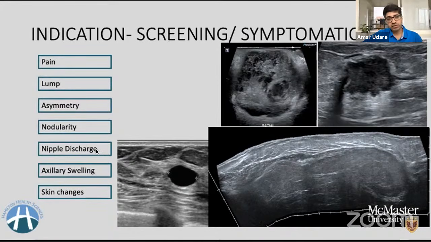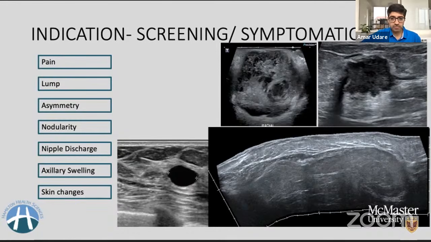Now, in terms of nipple discharge, there could be physiological as well as pathological discharges. Physiological are usually bilateral, milky or clear discharge. Then you can also have axillary swelling, as we saw in the last case, and the patients can also present with skin changes. For those of you who have seen advanced malignancies, they can have something called peau d'orange appearance, which is nothing but skin puckering due to tense lymphatics and complete lymphatic blockage.